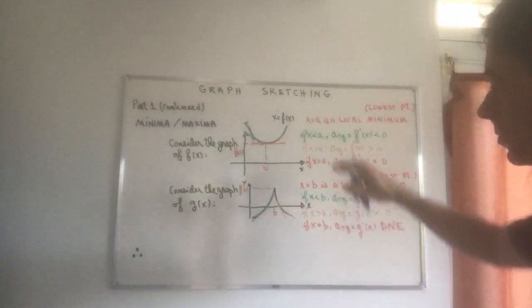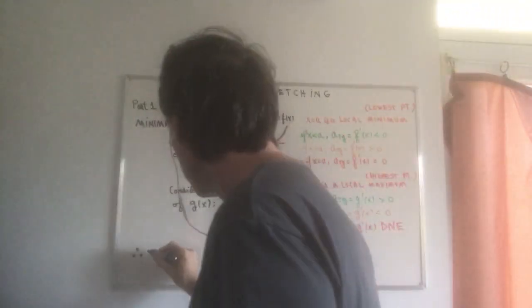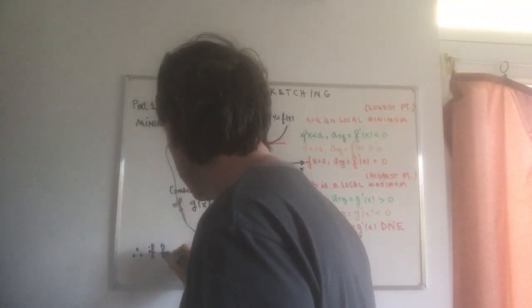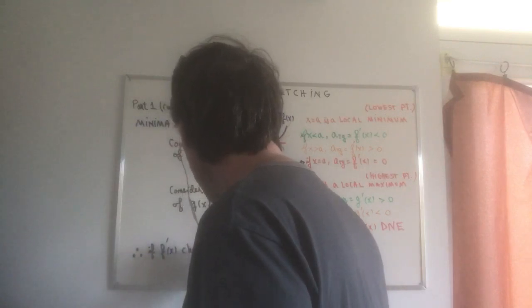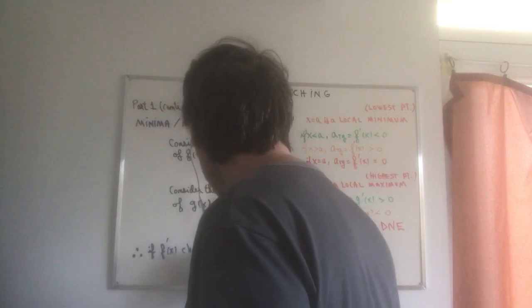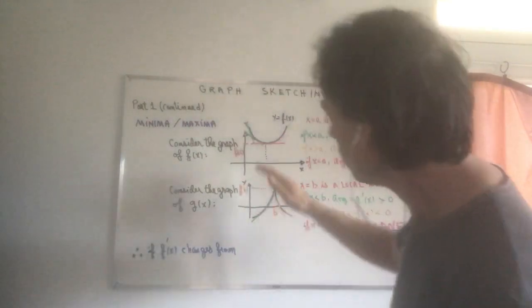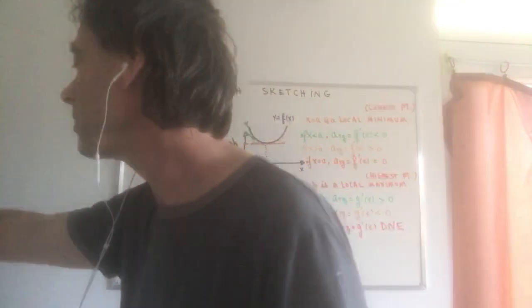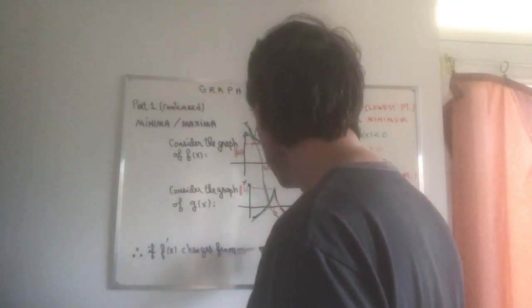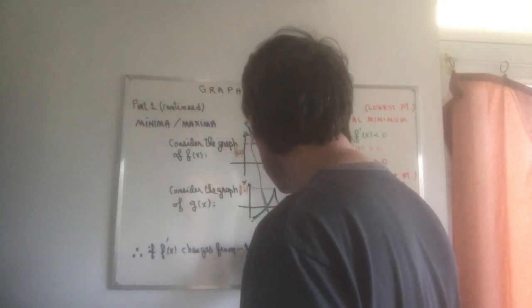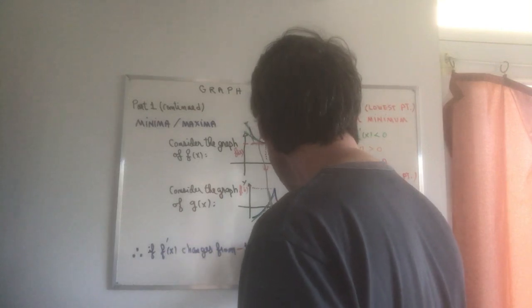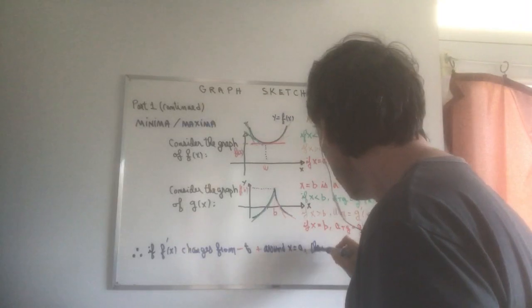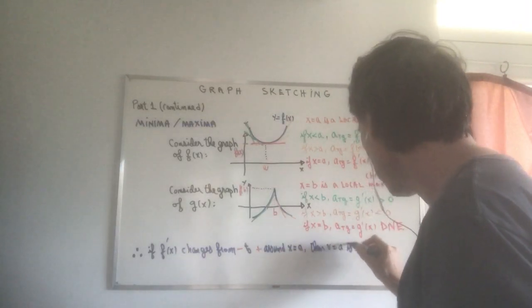Okay, time to draw some conclusions from all of this analysis. So first, from the top graph, if f prime changes from negative to positive around x equals a, then x equals a is a local minimum.